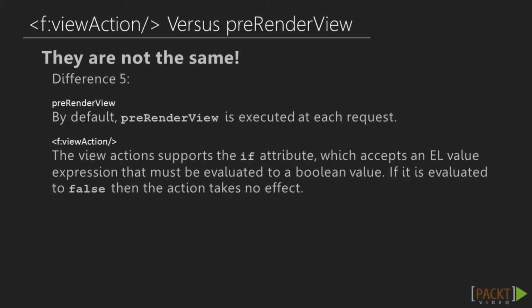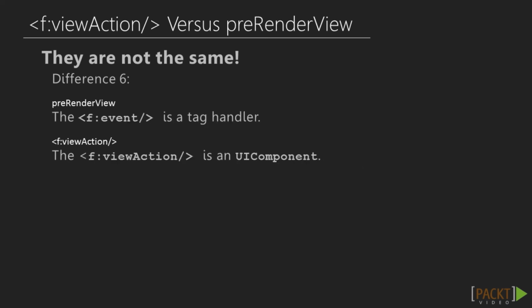While the pre-render view is executed at each request, the view actions can be executed conditionally via the if attribute. And the last big difference between these two JSF artifacts is that the f:event is a tag handler, while the f:viewAction is a UI component that will be part of the component tree.